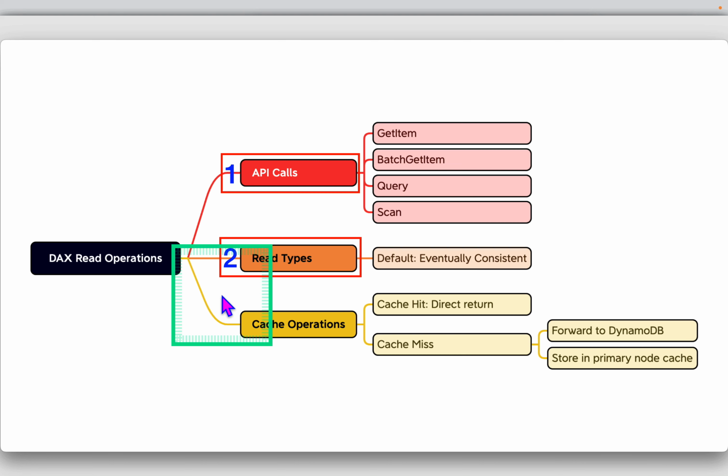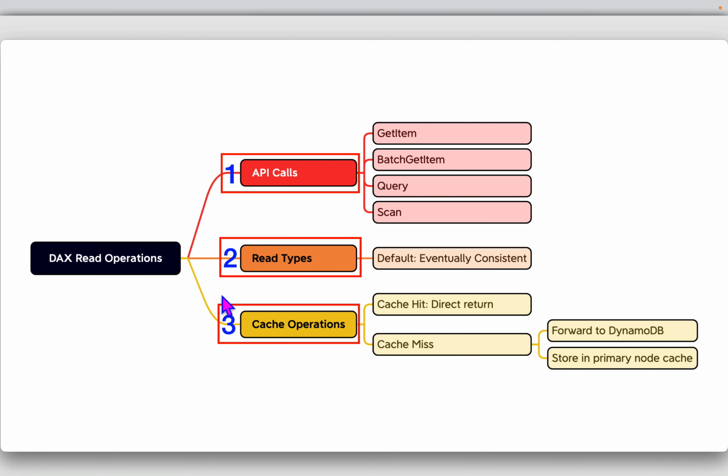By default, DAX operates with eventually consistent reads. This means that it tries to fetch the requested item from its cache before resorting to DynamoDB. When DAX has the requested item in its cache, it is termed a cache hit. In this scenario, DAX returns the item directly to the application without needing to access DynamoDB.